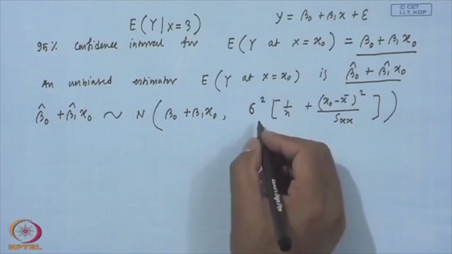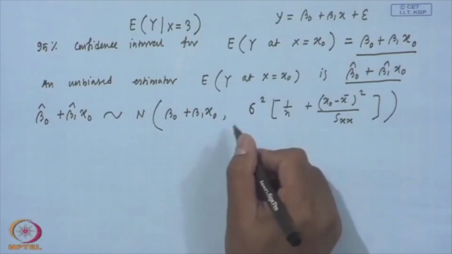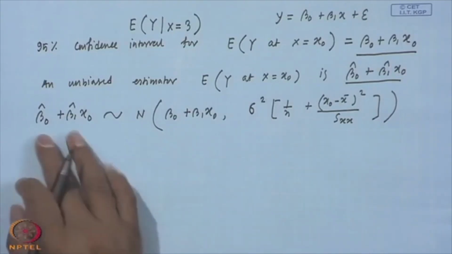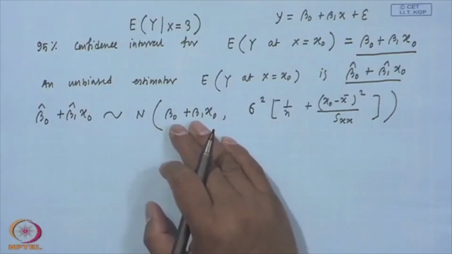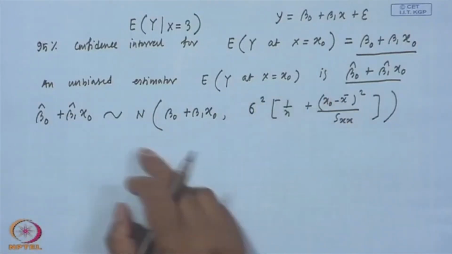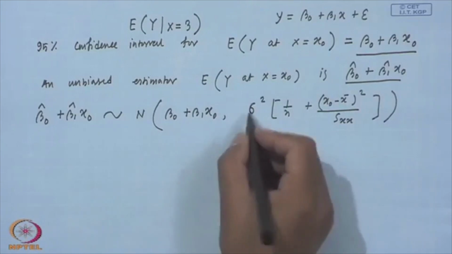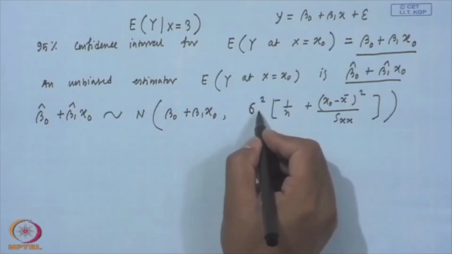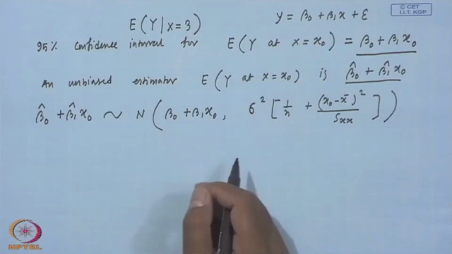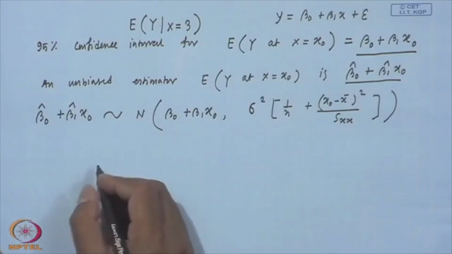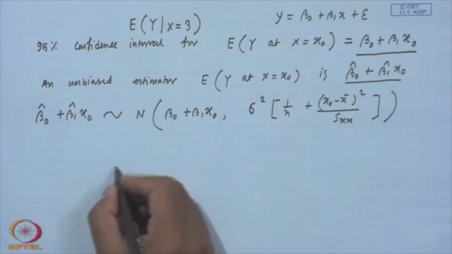Okay. So, of course, this minus the mean, divided by the square root of this, follows normal 0, 1, and if you replace this sigma square by MS residual, then that follows a t distribution. So, let me write that.